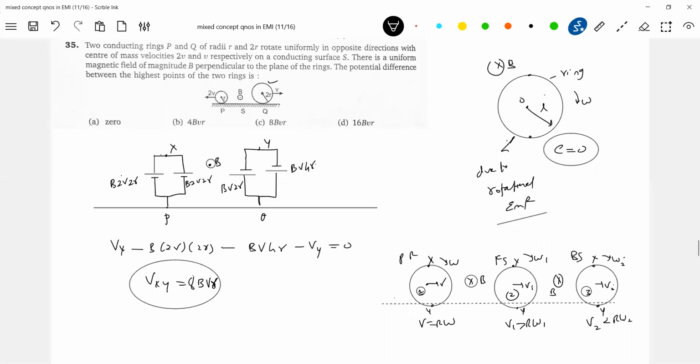Due to rotational motion, no EMF induced, no. So therefore, E1, E3 should be equal to... velocities are different. Let me put it like this. I'll generalize it now. This will be BV into 2R.